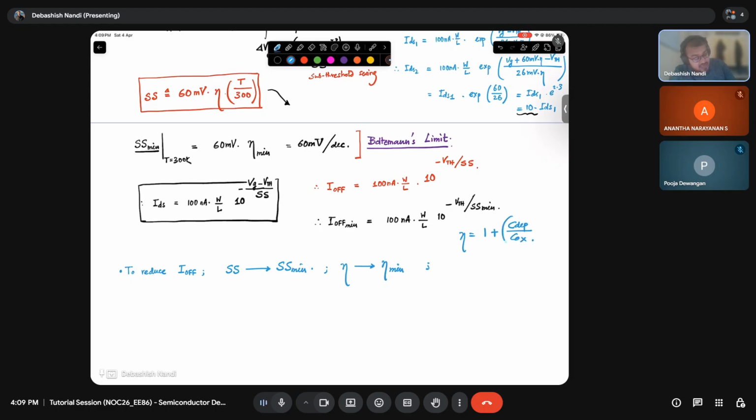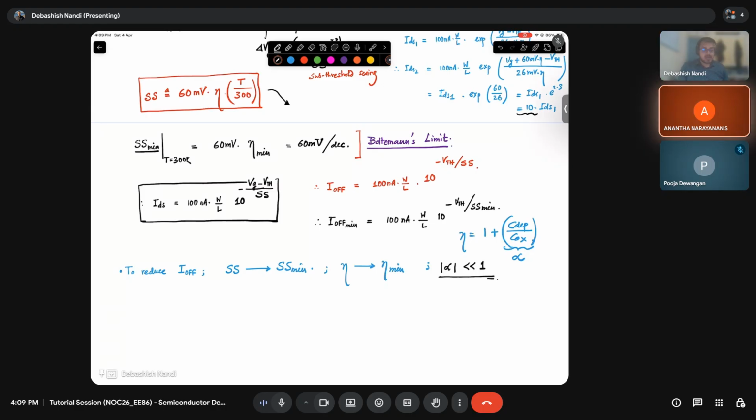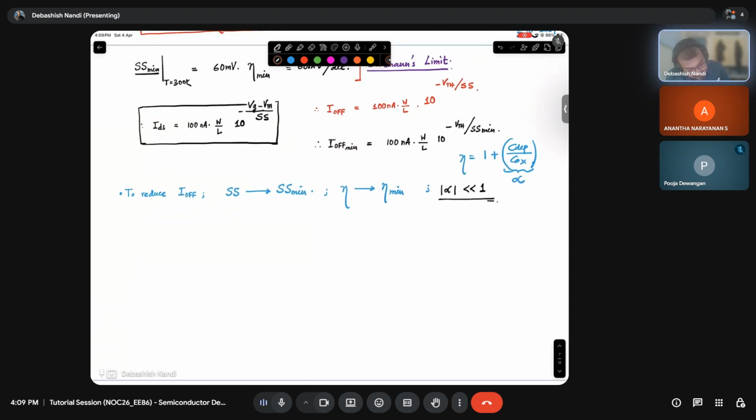So this quantity, let's call it alpha. So I want alpha to be much less than 1. Is it okay? Yes, sir. Now let us consider two cases. Let's say this is your single gate device or bulk MOSFET.